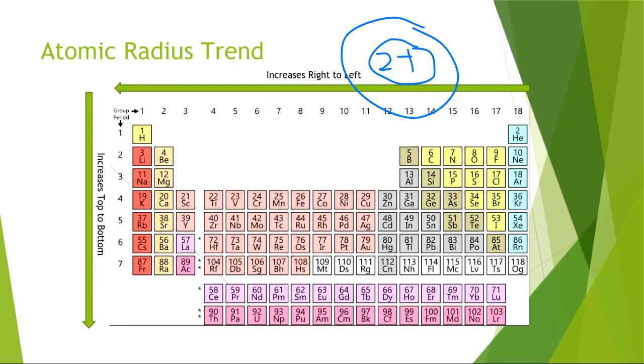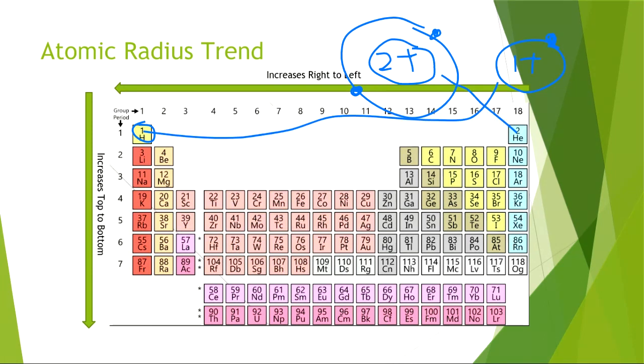Those 2 electrons are going to be held onto that 2+ pretty tightly, since it's just the 1s shell. If we compare it to hydrogen, you have 1+, and it's only trying to hold on to 1 electron, so it's weaker. So the atomic radius will be bigger, comparing hydrogen to helium.